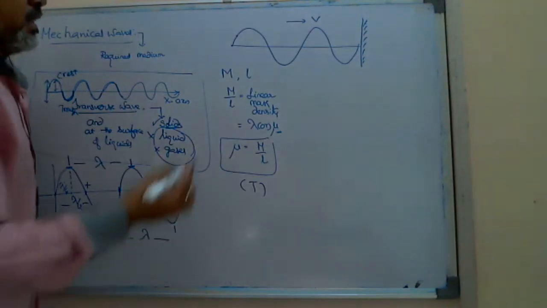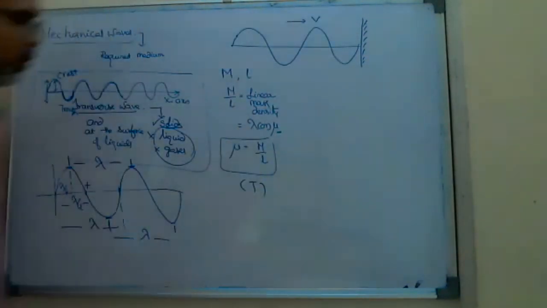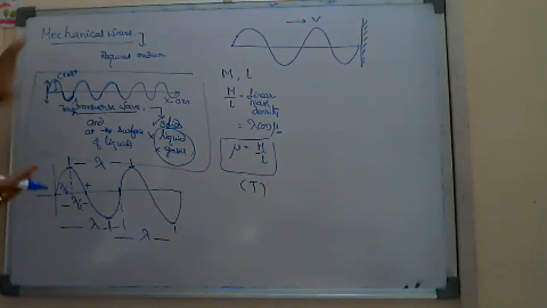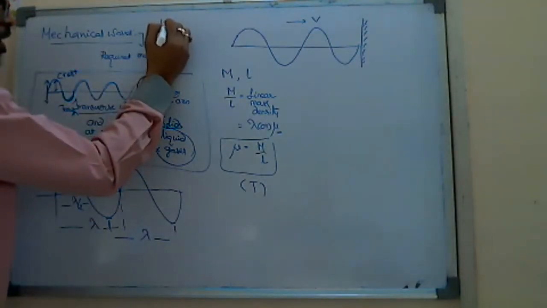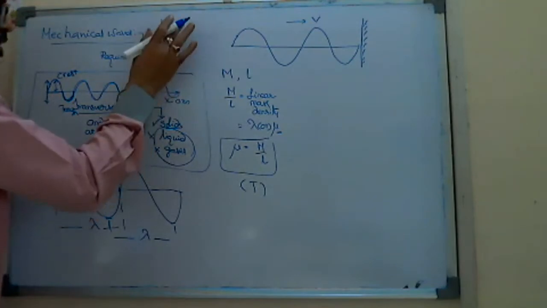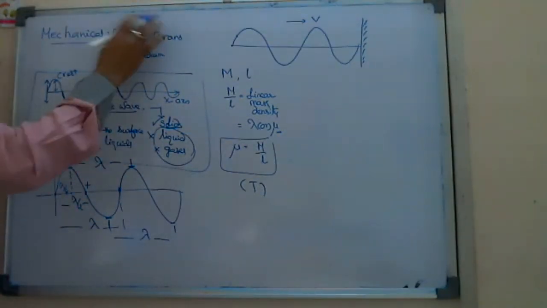That velocity, how to interrelate with these known things? Now we are discussing the mechanical waves. First I told there are two types of waves. One is longitudinal waves, other is transverse waves. First we are coming to transverse wave. Later we will discuss the longitudinal waves.